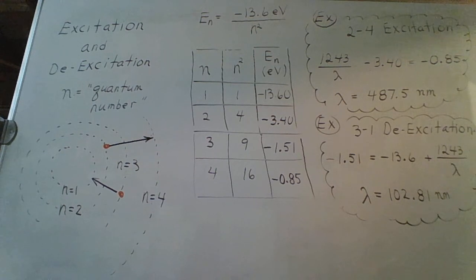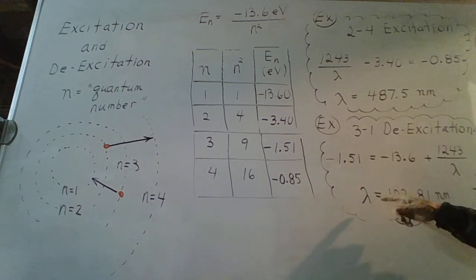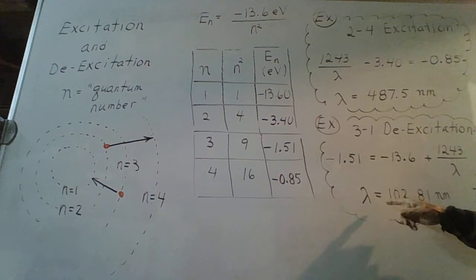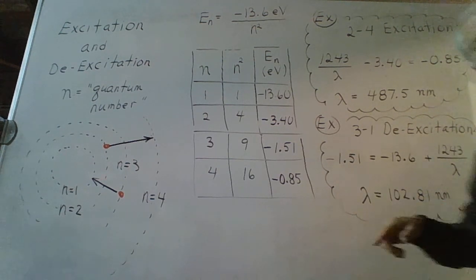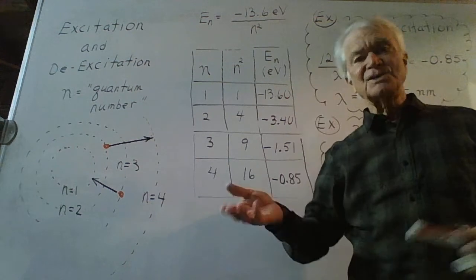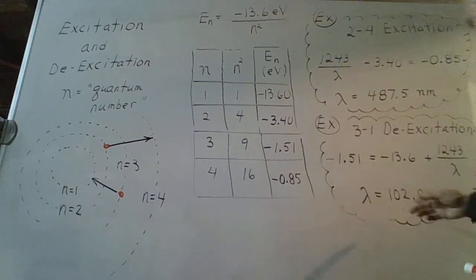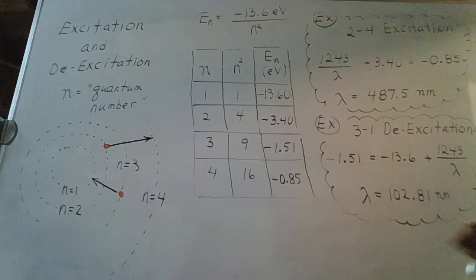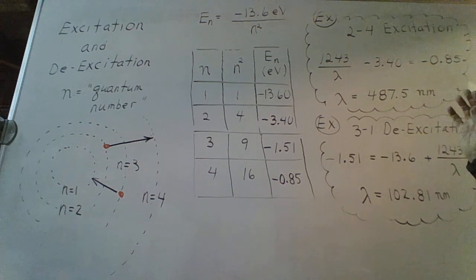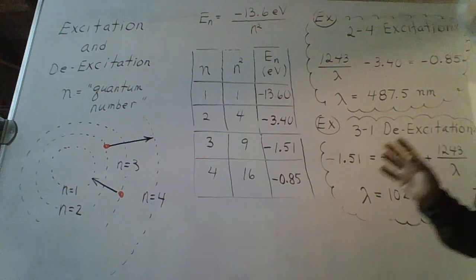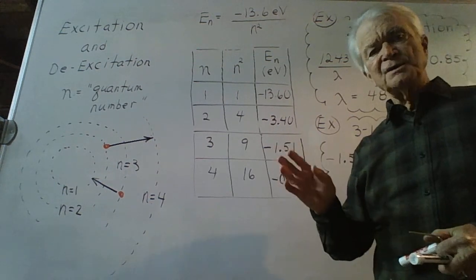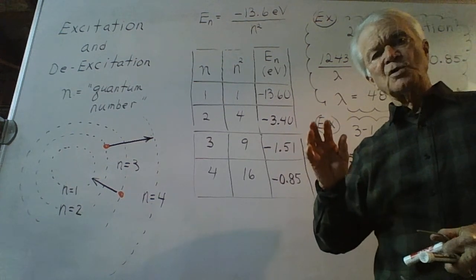Once and for all, we get the following result. The wavelength of the photon that is emitted during this de-excitation, during this relaxation, is 102.81 nanometers.